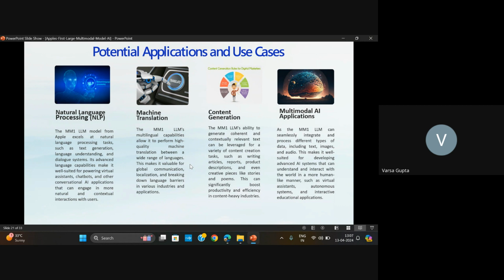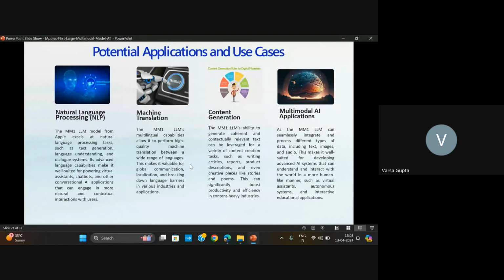And the second is language translation. MM1 has multilingual capabilities. This allows it to perform high quality machine translation between a wide variety of languages. So this can be used for global communication, localization, and breaking down language barriers in various industries and applications.